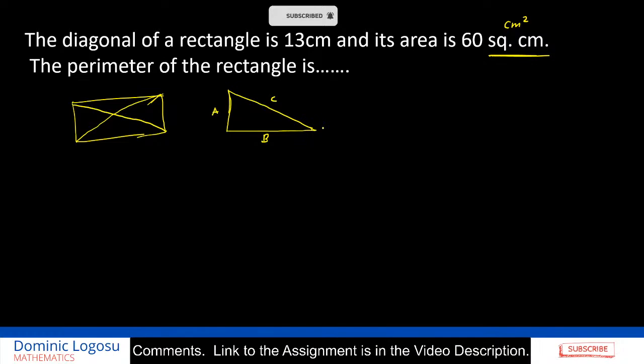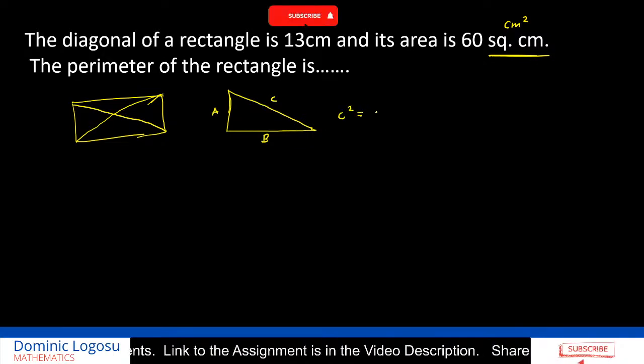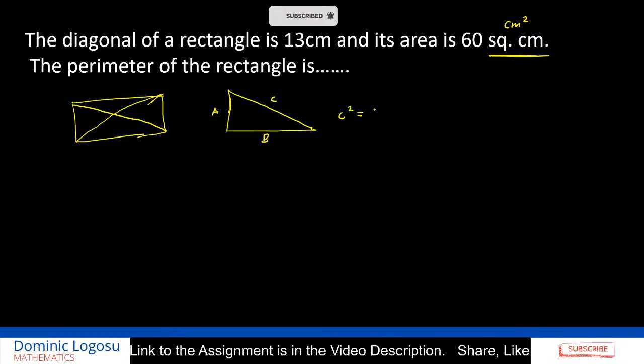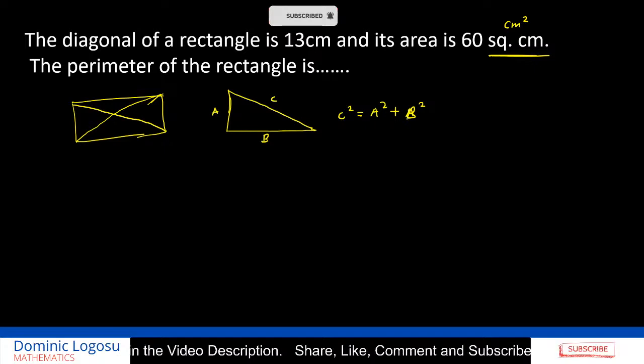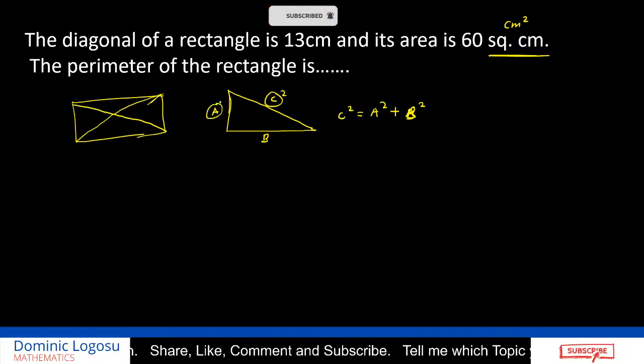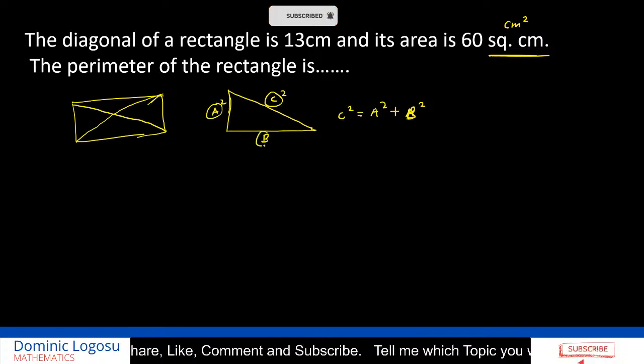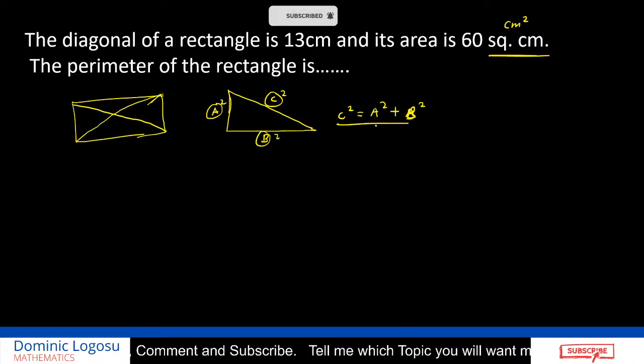He's saying that the square of the slopey side should be equal to the square of the vertical side plus the square of the base. Okay, so what it means is that when you square this, you should get this plus this.